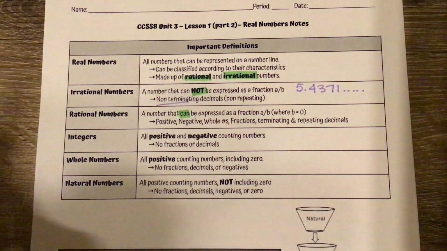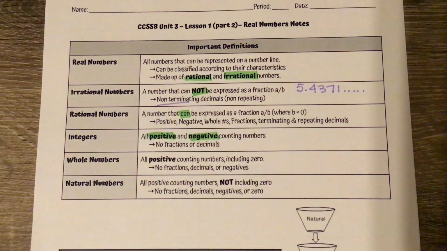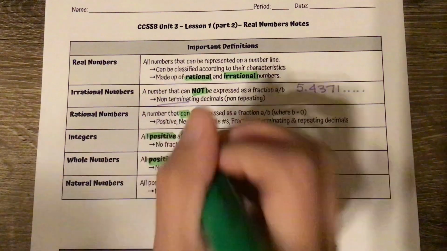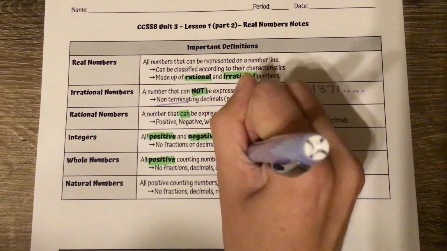Integers are your positive and negative counting numbers. So when I say that, I mean, if I asked you to count to 10, you're not going to say 0.5, 0.75, 1, 1.2, 1.8, 2, and so on. You're going to count 1, 2, 3, 4, 5, 6, 7, 8, 9, 10. So it's those positive values and those negative values. Whole numbers are all positive counting numbers and specifically including 0.